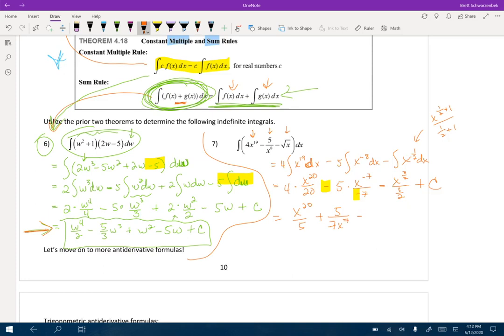Minus, we have an x to the 3/2 in the numerator, but we can't leave a fraction in a fraction. Oldest rule in the book. So if we are dividing by a fraction, we're multiplying by its reciprocal, which means we're going to get 2/3 x to the 3/2 plus c.